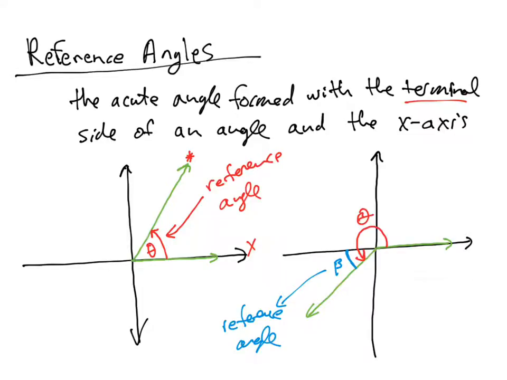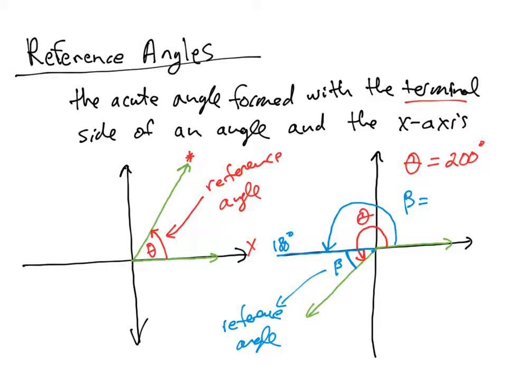So suppose angle theta, let's say that equals 200 degrees. Now beta is the angle that's just between that terminal side and the x-axis there. So beta is going to be, well, to get back to this position here, this distance right here, we know that that's 180 degrees.